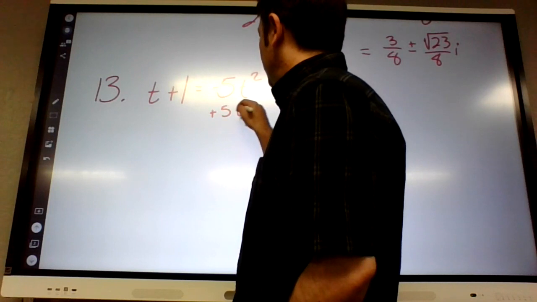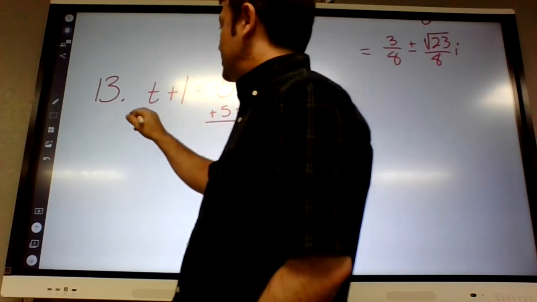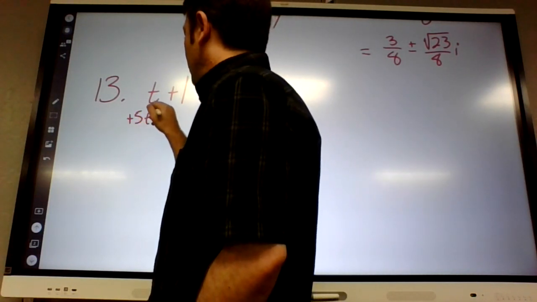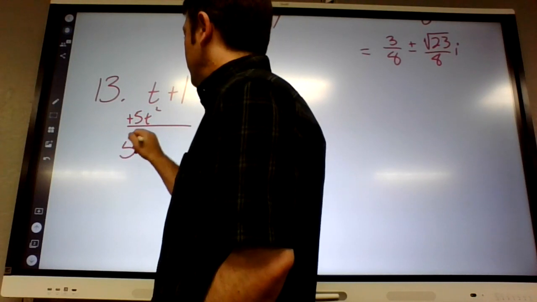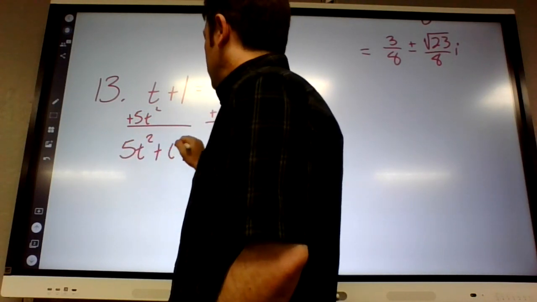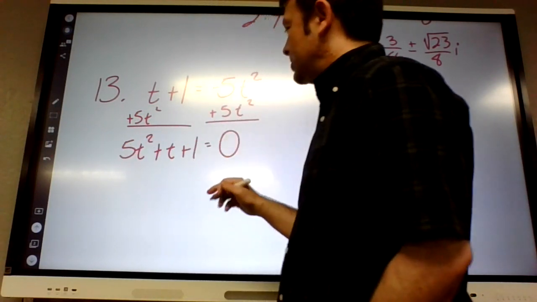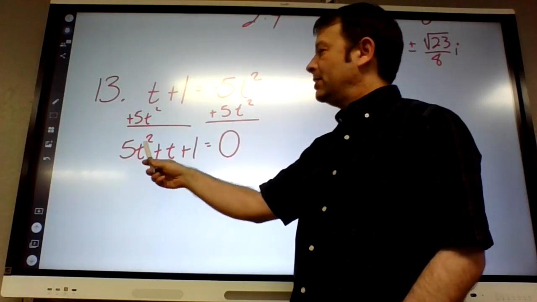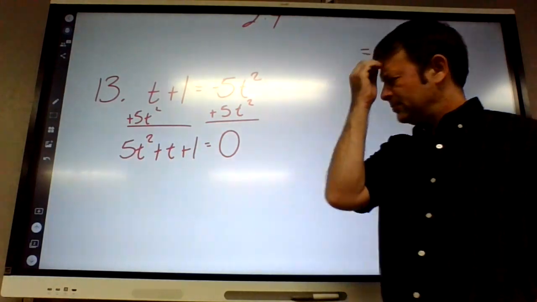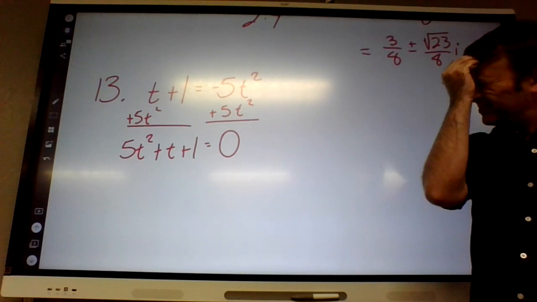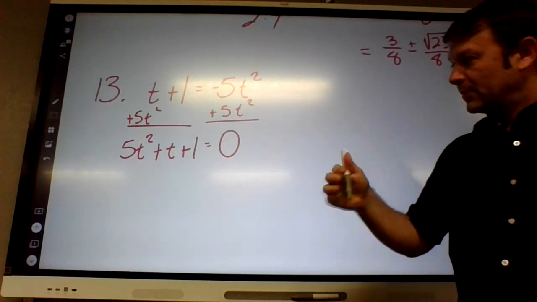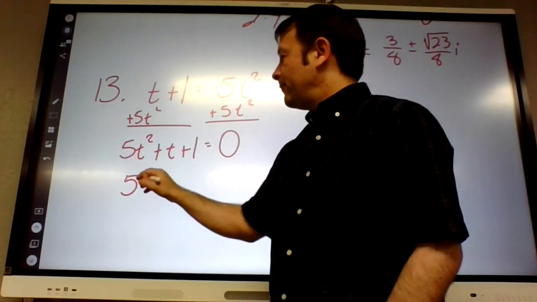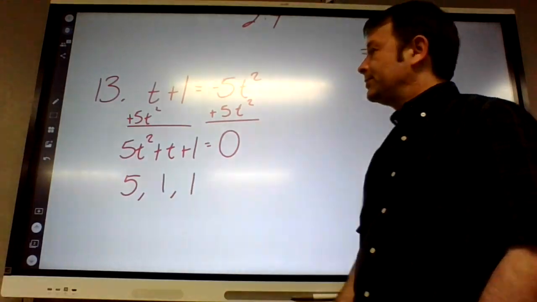We could have everything on one side if we just add this guy over here. And order does matter, because the first term is the A, then the B, and the C. So anyway, the coefficients are 5, 1, and 1.